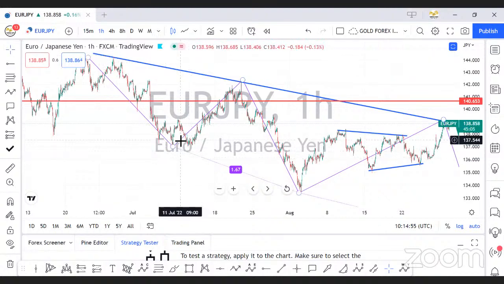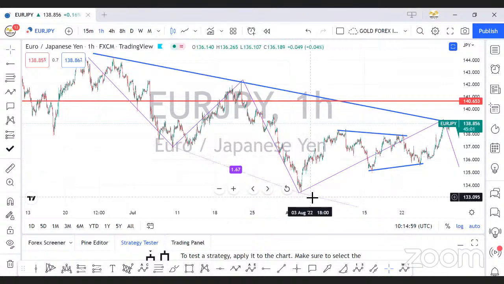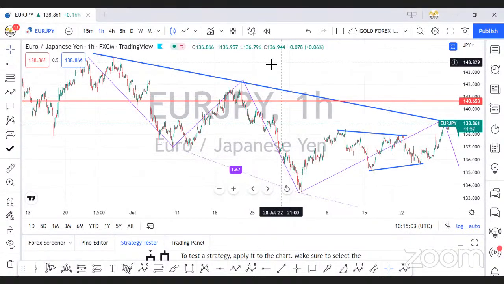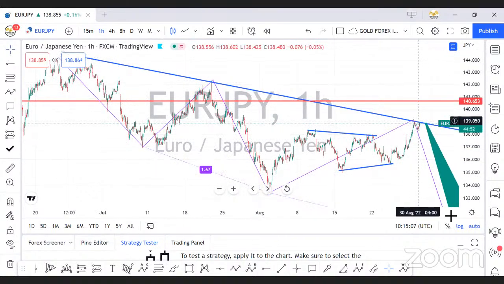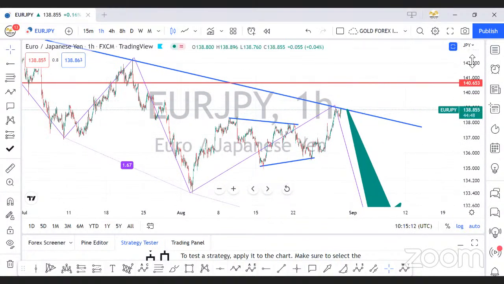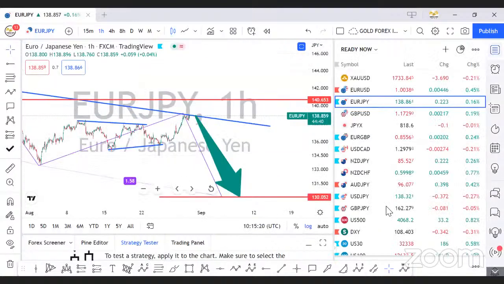A B, so we have drive 1, 2, 3, 4, 5. So we have drive 1 A, drive 2 B. So probably I'm expecting drive C to end at 1.618, which is this level. So let's see if it will hold.